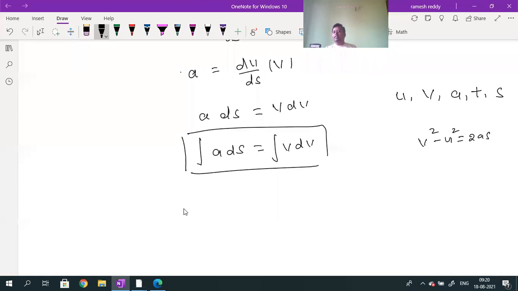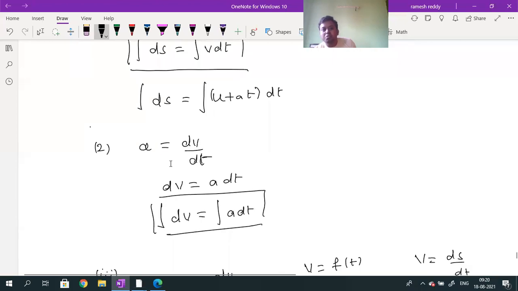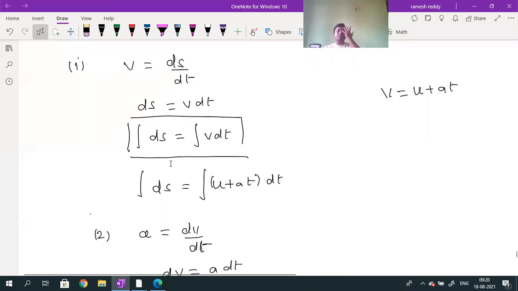Only acceleration, displacement, and velocity are there. Here also I got acceleration, displacement, and velocity, but the equations will not come the same. Still, it gives the relation between velocity, displacement, and acceleration. So you should come to know these three equations.